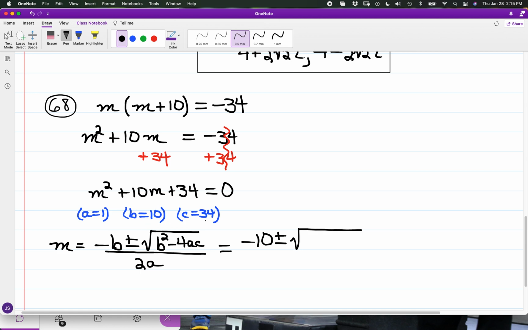So you have b squared, so this would be 10 squared. And you got minus 4ac, so you have minus 4 times 1 times 34. And we have all over 2a, so we have 2 times 1.